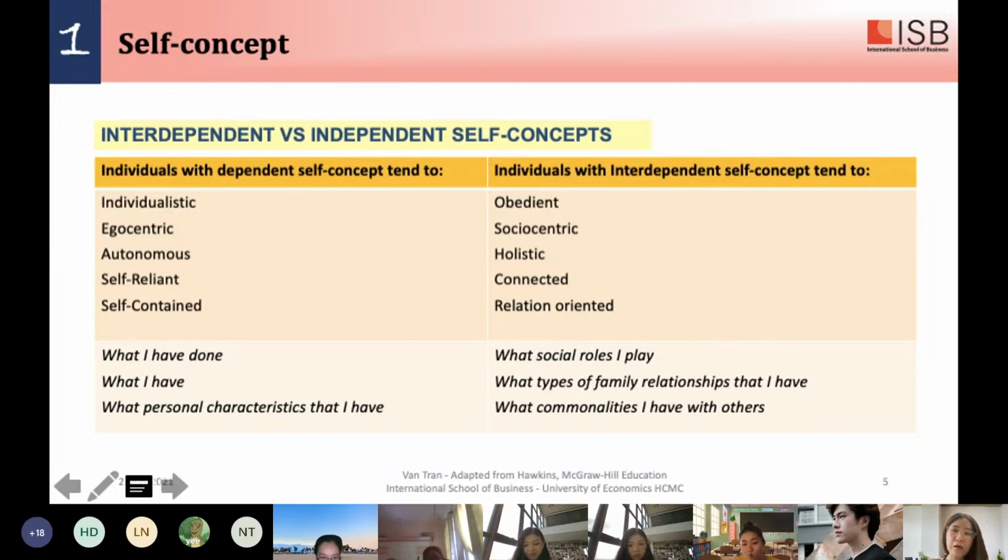Researchers also look at how consumers form their self-concepts in terms of the relationship that they have with others.